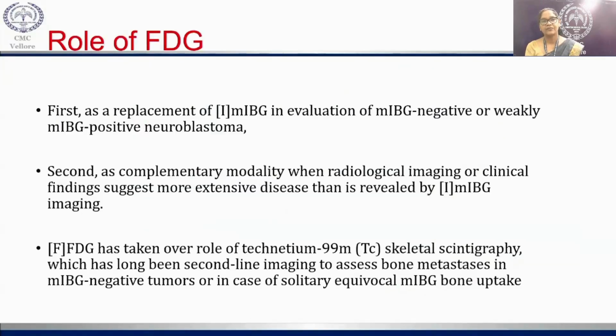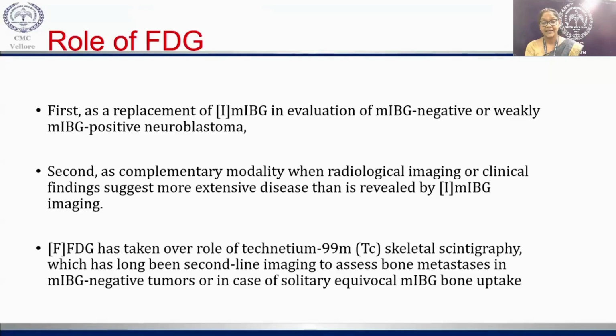So what is the role of FDG, that is fluorodeoxyglucose PET-CT, in neuroblastoma? First, as a replacement of iodine MIBG in evaluation of MIBG negative or weakly MIBG positive neuroblastoma. Secondly, as a complementary modality when radiological imaging or clinical findings suggest more extensive disease than is revealed by iodine MIBG imaging.